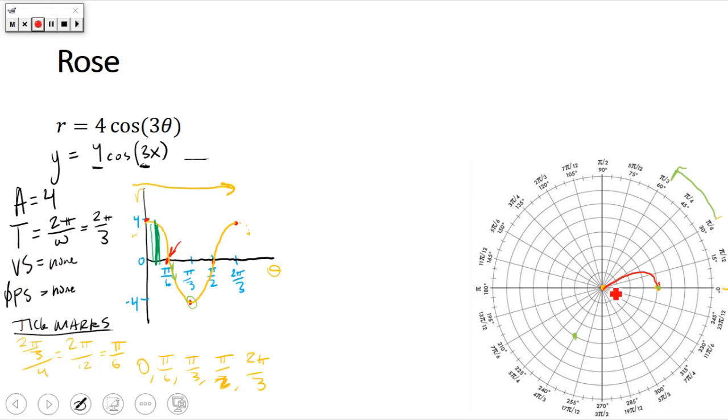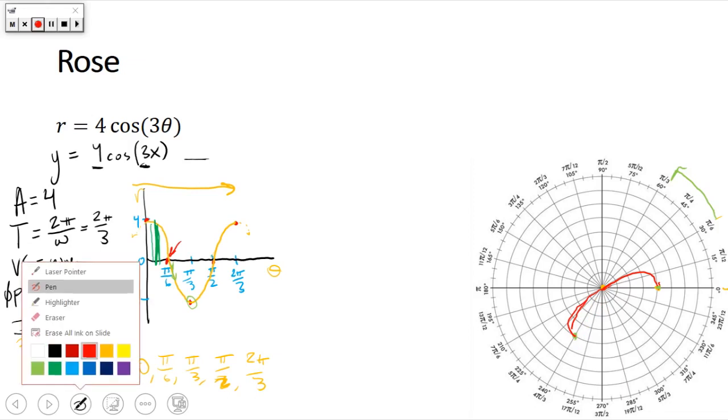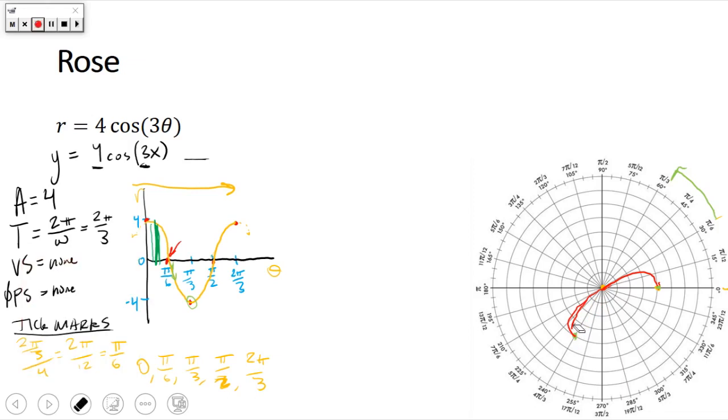We're going this way, and then we're going to come out and curve in right there, because those are all my negative radii there. Let me get rid of that little line right there. Alright, cool. So we're there, and that's at pi over 3. That green point there is at pi over 3, negative 4.